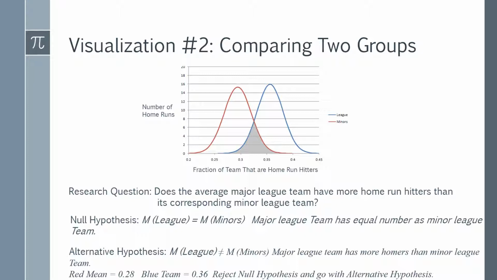Or in our alternative hypothesis, is the mean of the league not equal to the mean of the minors, which means the major league team has more homers than the minor league team? So here I looked at the red mean and the blue mean, and I would reject the null hypothesis and go with the alternative because the blue team does have more home run hitters than the minor league team.